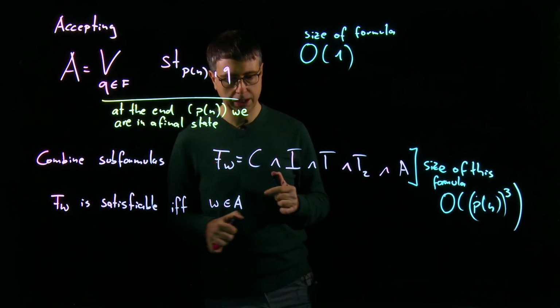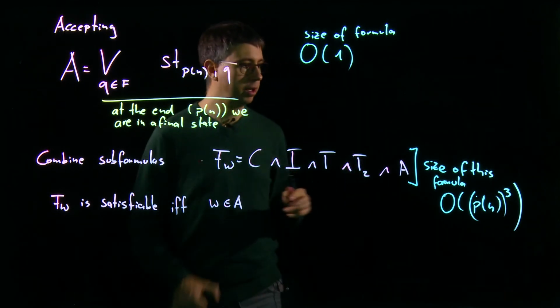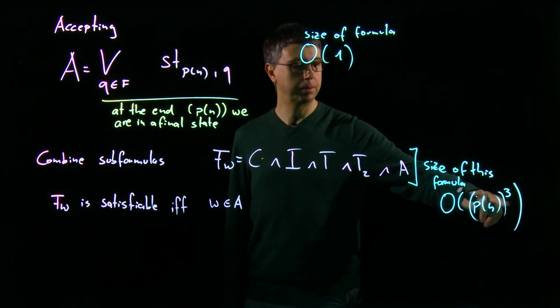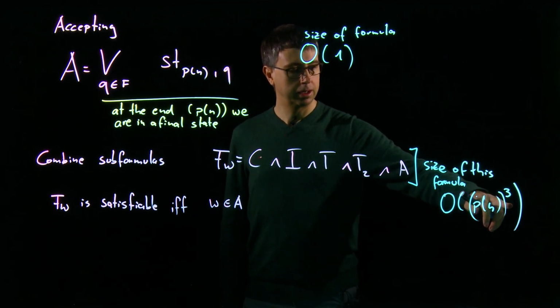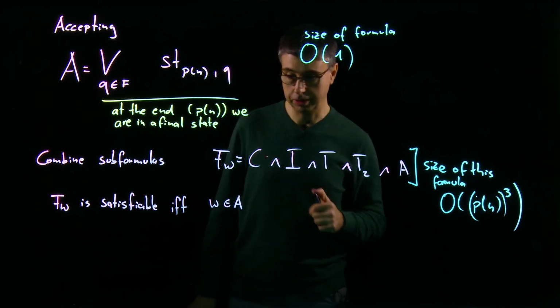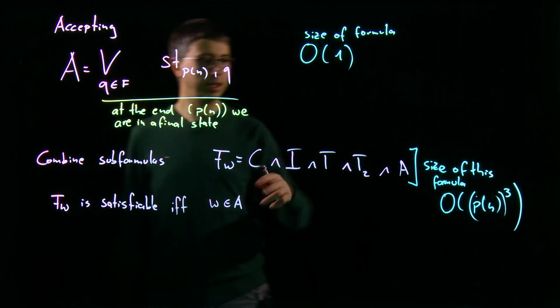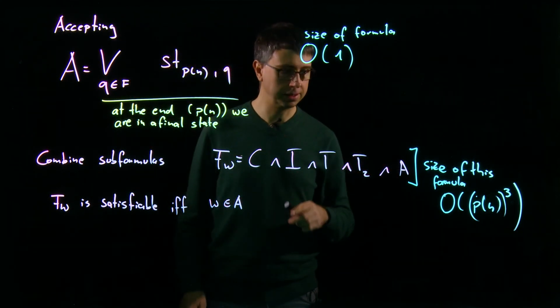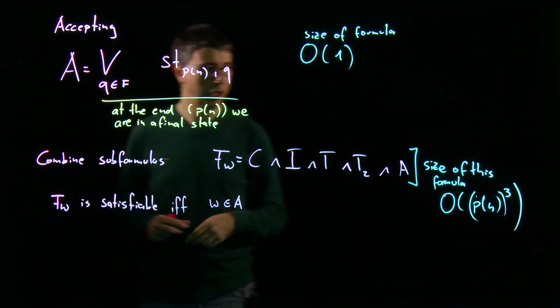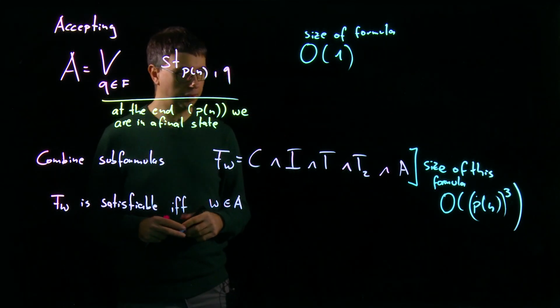Because we had one subformula that was in the order of p of n to the power of 3, and that was the constraint formula, the first one. That's the most important one. All the other ones were less. So in the end, we have this size of the formula.